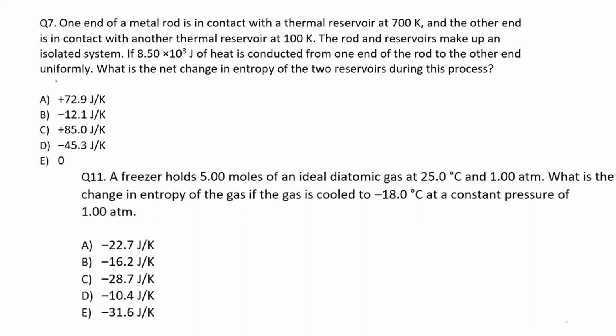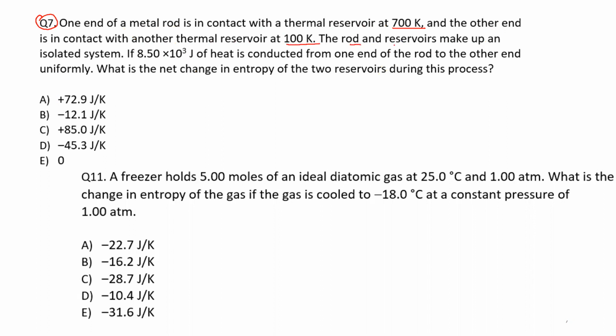So let's read this problem very carefully. Q7. One end of a metal rod is in contact with a thermal reservoir at 700 Kelvin, and the other end is in contact with another thermal reservoir at 100 Kelvin.